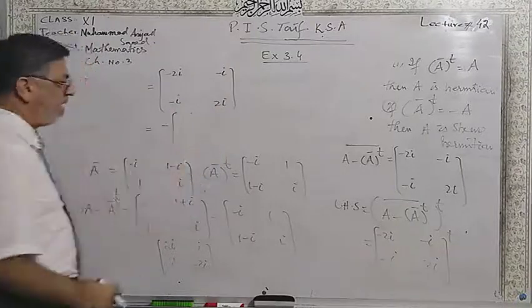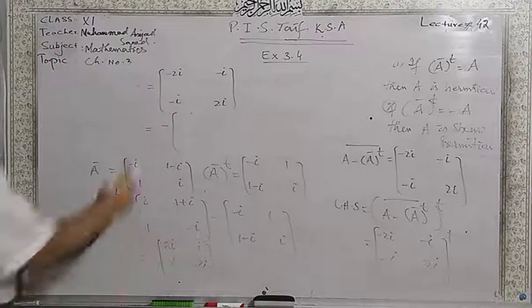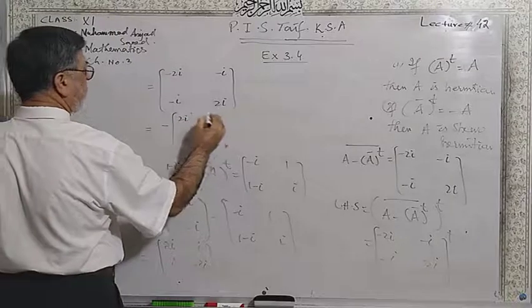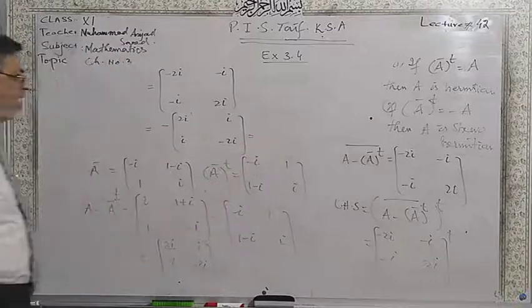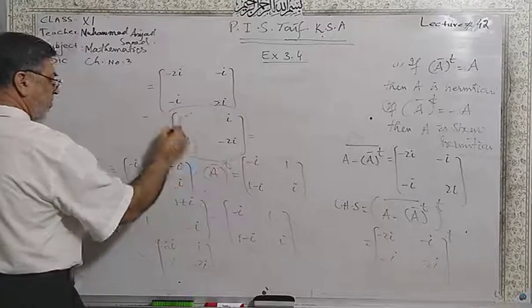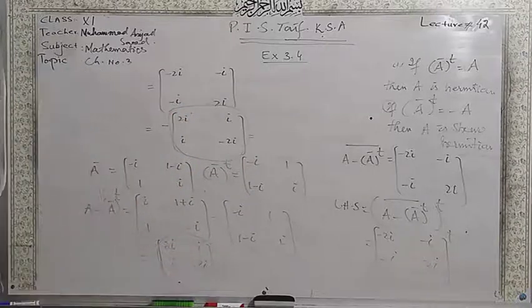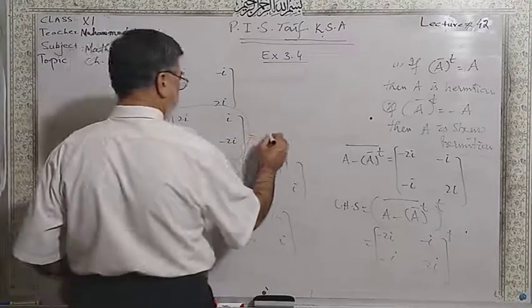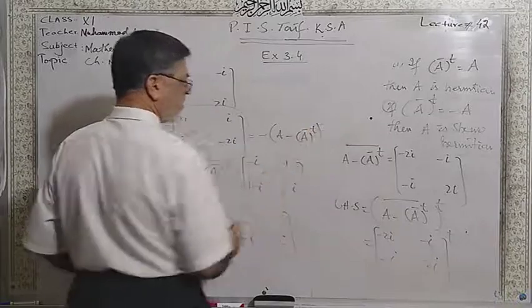After that, we will take minus common from here. Internal sign will change: 2 iota and minus 2 iota. Remember that. What is this? Actually, this is A minus A bar transpose. So we can write down minus into A minus A bar transpose.